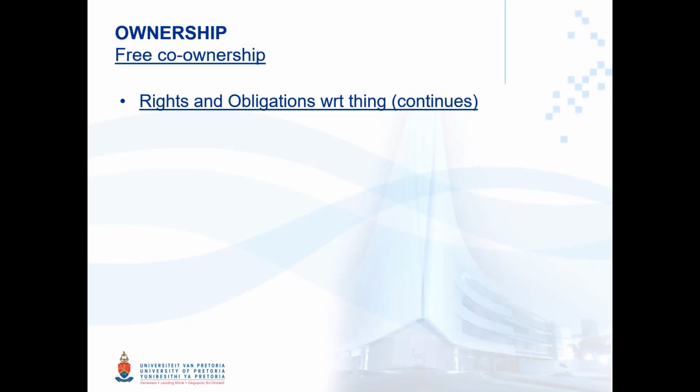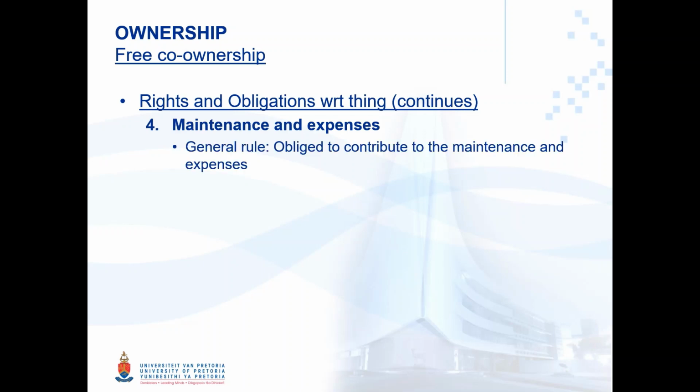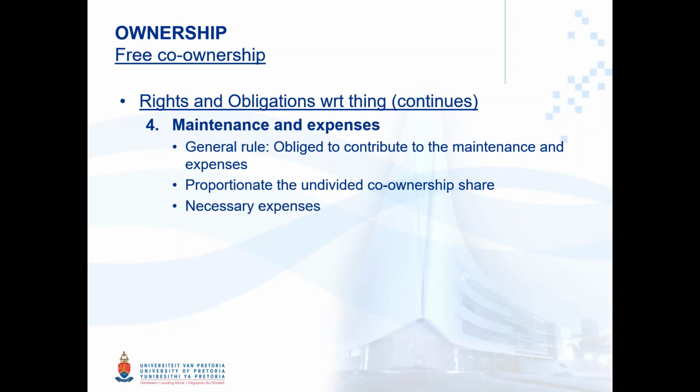Co-owners also have the obligation to maintain the property and to contribute to the expenses and losses incurred in terms of the property. In this regard, the general rule is that all co-owners are obliged to contribute to the maintenance and expenses regarding the property. Each co-owner's contribution to maintenance, expenses, and losses must be proportionate to their undivided shares.